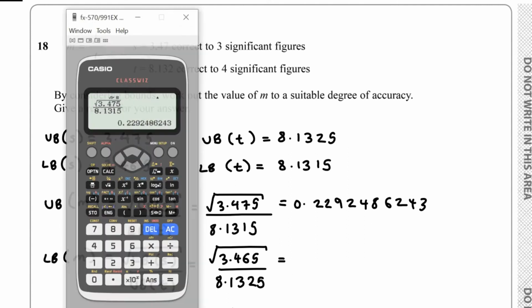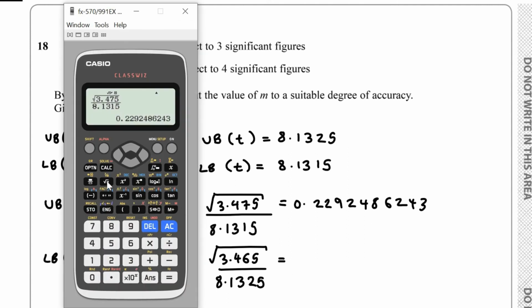So if we work this out, we have the square root of 3.465 over 8.1325, and it turns out here we get 0.2288903.